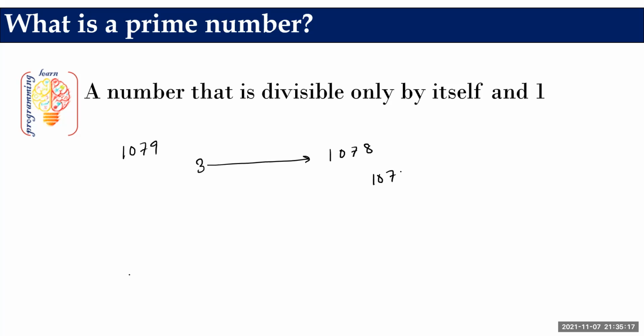So 1079 divided by 2 gives 538, the highest number that can divide this number. Then why should I check all the numbers beyond it? It is unnecessary and will take more time in the loop.